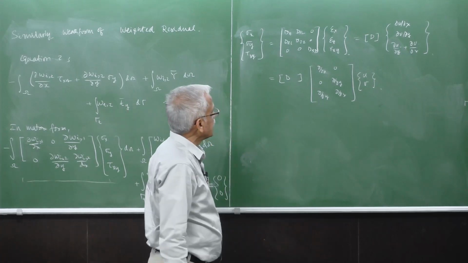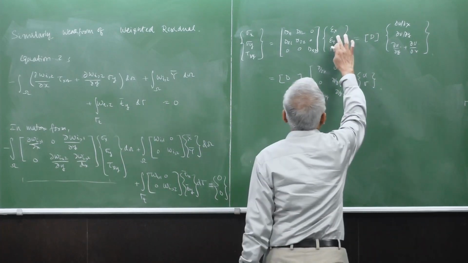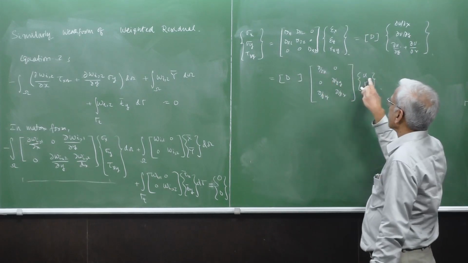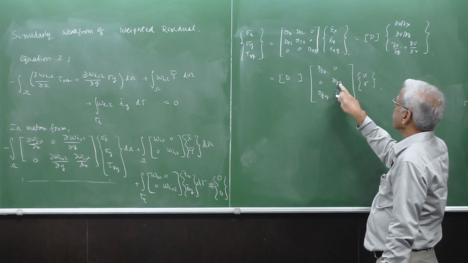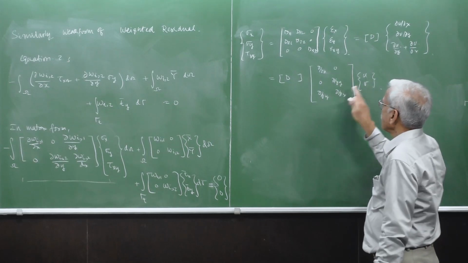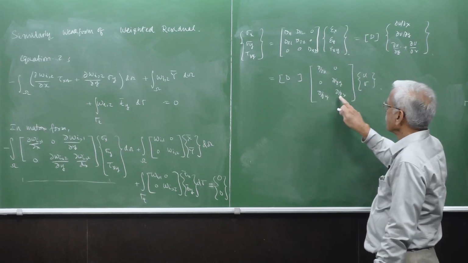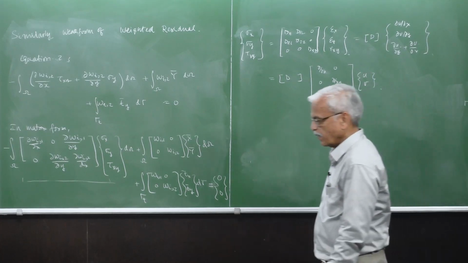So now you can see that this epsilon x, epsilon y, epsilon gamma xy is nothing but dou x on u, right? And this second one is dou y on v, and the third one, gamma xy, is dou y on u plus dou x on v, right?